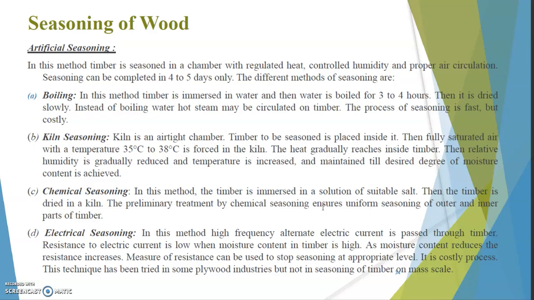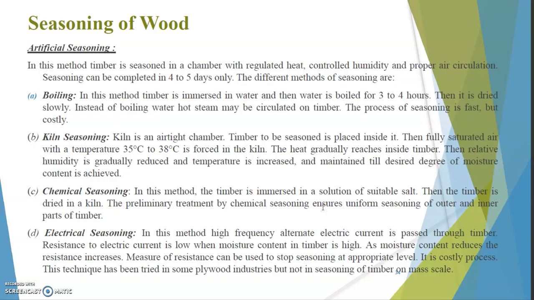Resistance to the electric current is low when moisture content is high, because moisture content means water conducts electricity, so resistance is lesser. As moisture content reduces over a period of time, the resistance will increase. So by measuring the resistance value between two parts of a timber, we can understand when the seasoning is done, and the electricity passing can be stopped.